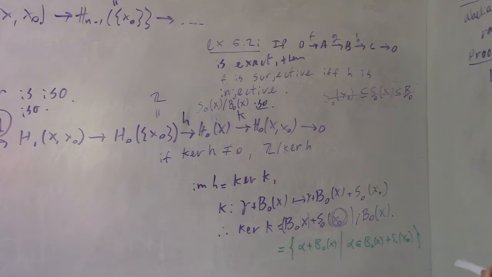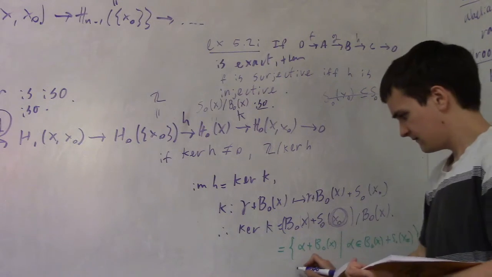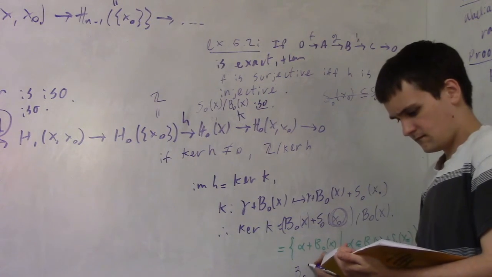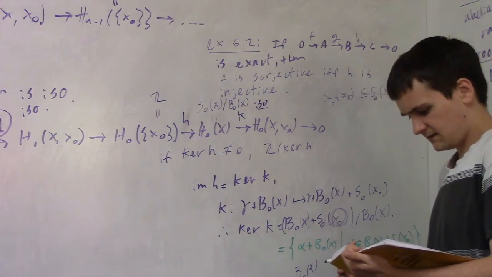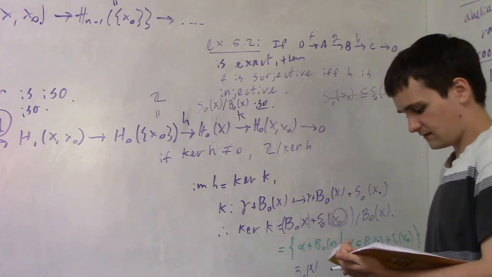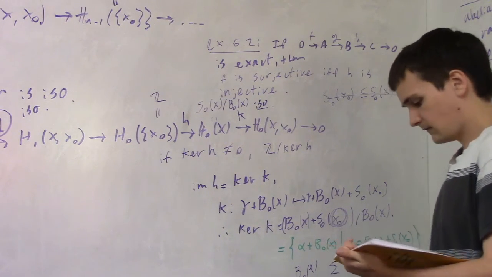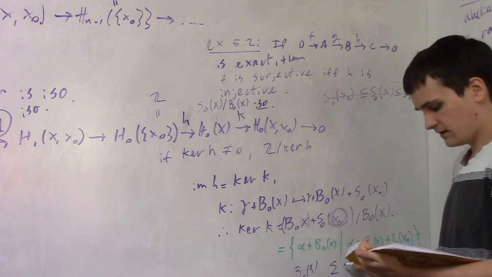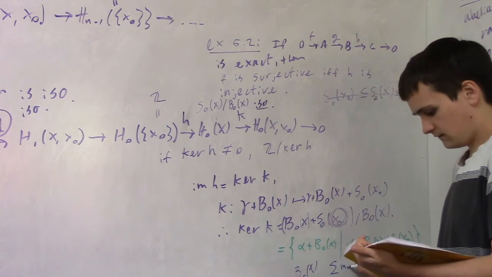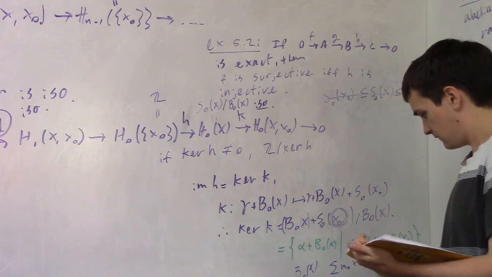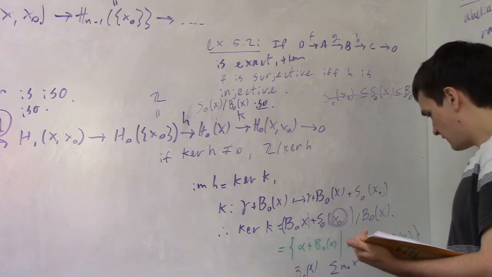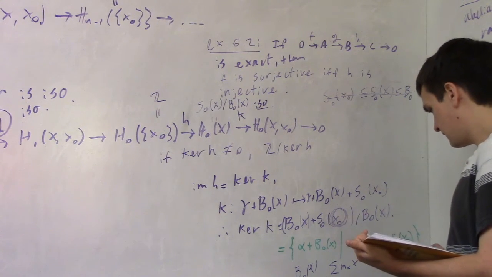Well, anyway, they say that this is non-zero then, because B naught of X is described as the set of all chains with the sum over their coefficients equal to 0.